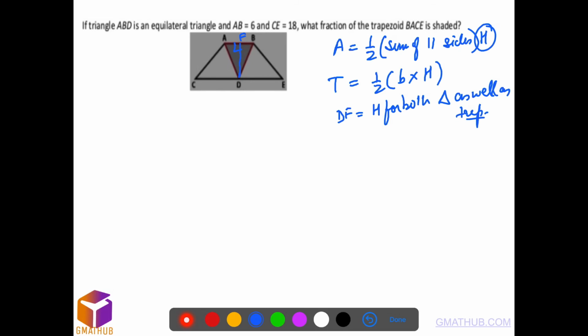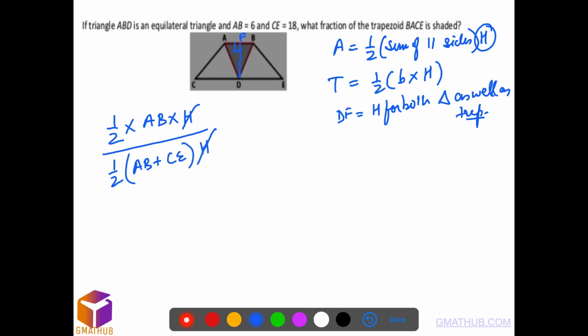So area of the triangle would be half, I can take AB as base into height, upon area of the trapezium, which will be half AB plus CE, sum of the parallel sides, into height.